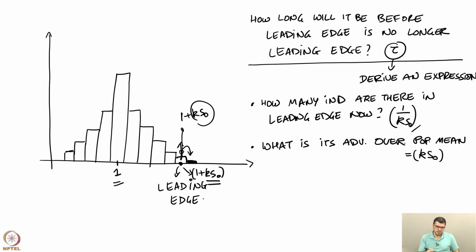This is important because the rate at which this frequency is going to increase is proportional to its advantage over population mean. If the advantage is huge, then its frequency is going to increase faster. If the advantage is only just a little bit over the population mean, its frequency is going to increase much slower. So, what that means is that its numbers are going to increase exponentially from 1 upon K s naught.